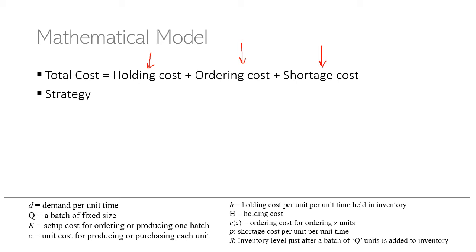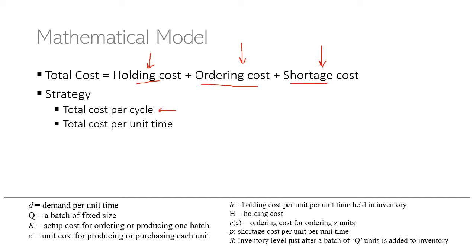So what strategy are we going to adopt to develop the mathematical model? First, we are going to calculate the total cost per cycle, which will be simply the sum of holding cost per cycle, ordering cost per cycle, and shortage cost per cycle. Then we will calculate total cost per unit time by dividing total cost per cycle by the duration per cycle, Q by D, which is simply the time required for each cycle to complete.